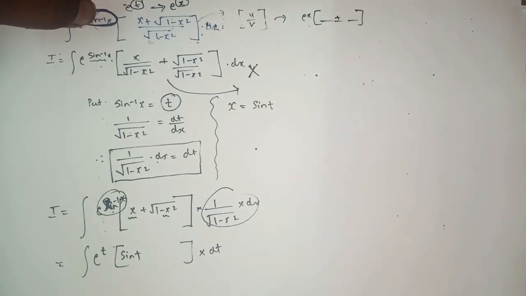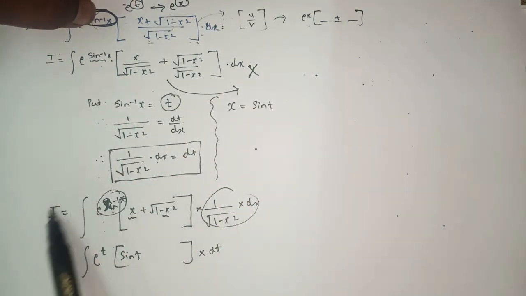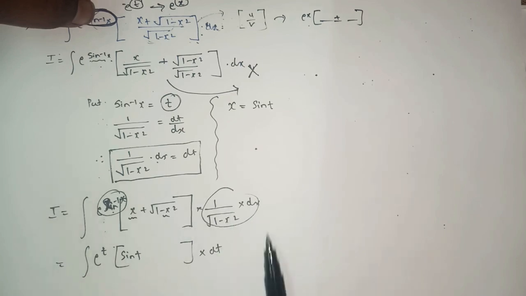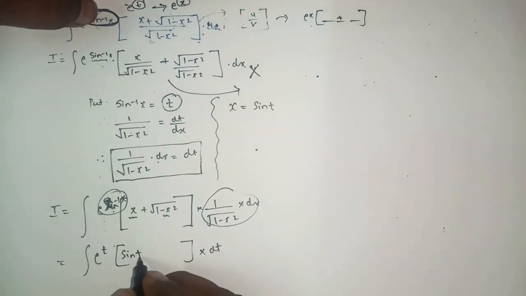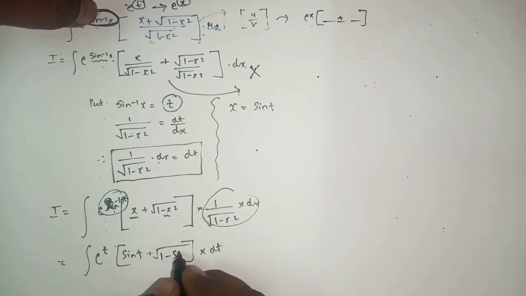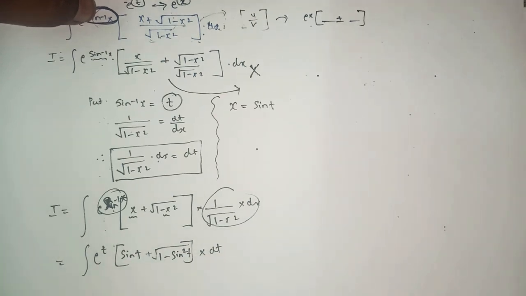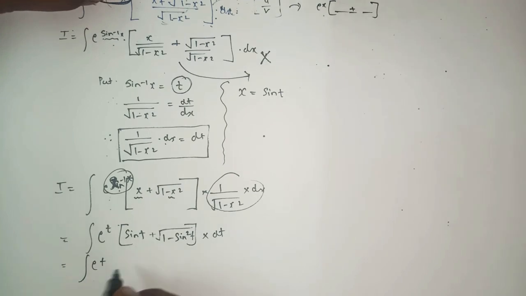As per the rule, as I told, if you consider the sine inverse as t, the whole section should get converted into the same alphabet, with respect to t only. And in the final answer, we have to find the integration with respect to t only. So here we'll substitute the value of x by sine t. Here also we'll replace x by sine t, but here we have sine x square, so this will be sine square t. In the next step, this will be e raised to t as it is.